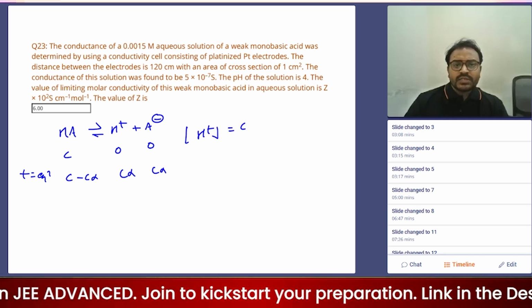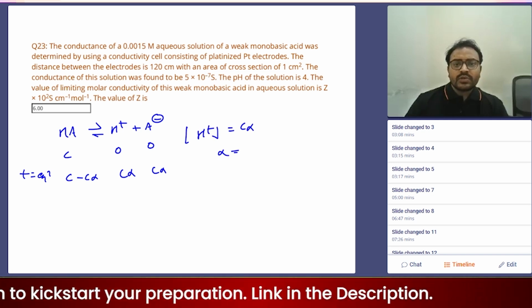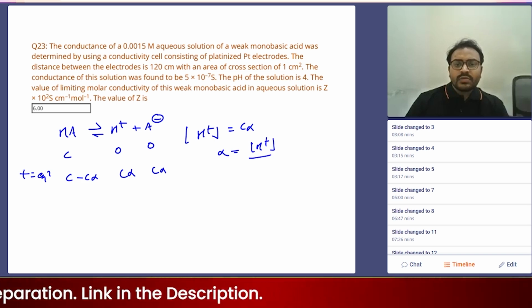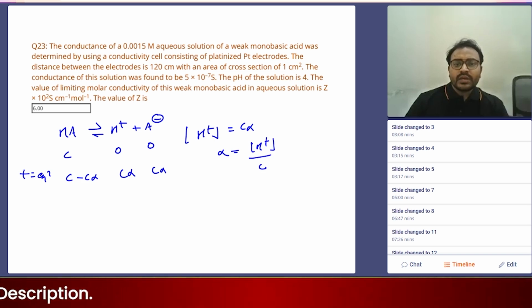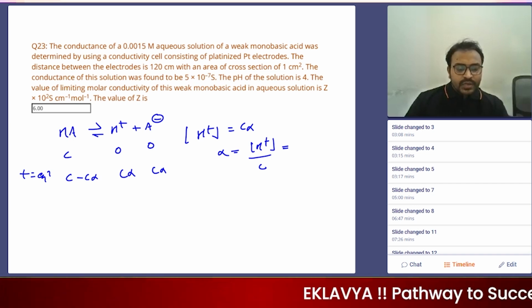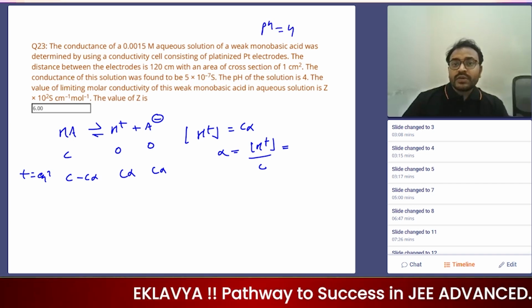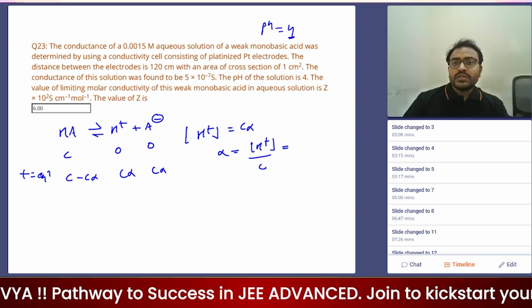So the H plus concentration can be written as C into alpha, and alpha will be equal to H plus concentration divided by C. The H plus concentration we can find out from the pH value, because pH is given 4.